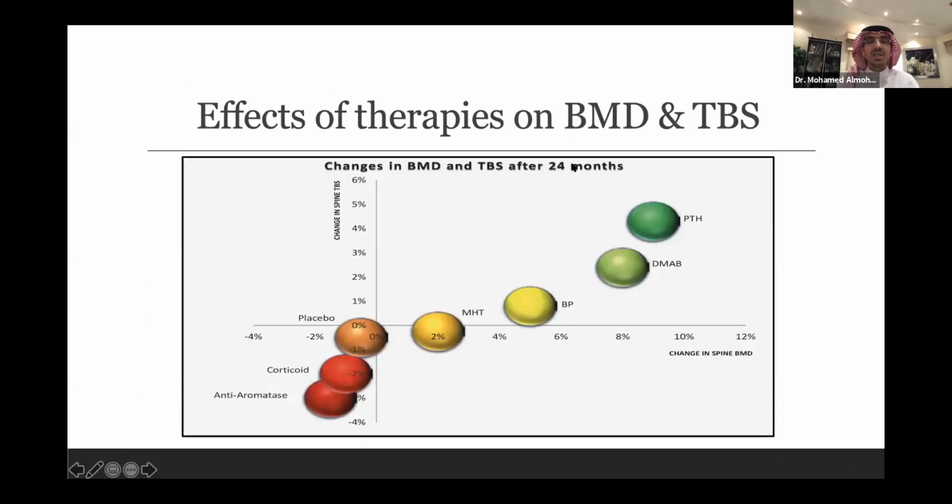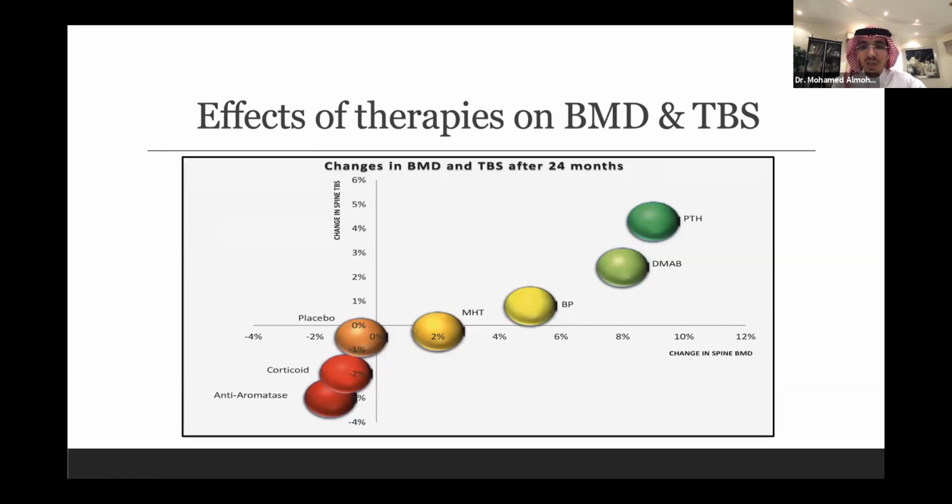In general, what is the effect of therapies on BMD and TBS? To summarize, what is the effect in regard of TBS? As you can see here, a significant and nicely improved TBS after 2 years of therapy with the anabolic therapy, namely teriparatide and abaloparatide. We don't have a study as far as I know in regard of romosozumab yet.